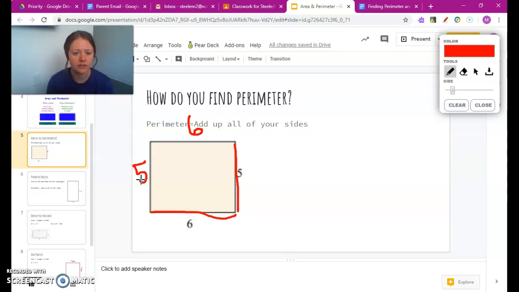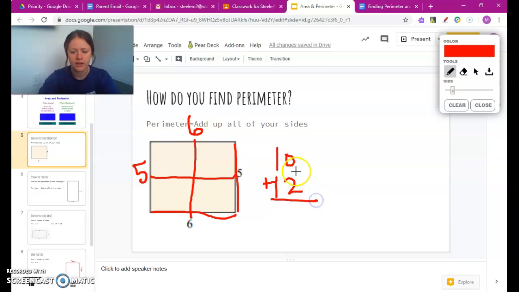Now we know the distance around our shape, so all you have to do is add all of your numbers together. You would add 5 plus 5, which is 10, and then 6 plus 6, which is 12. So 10 plus 12. 0 plus 2 is 2, 1 plus 1 is 2. So 22.